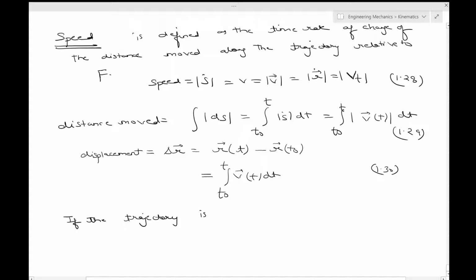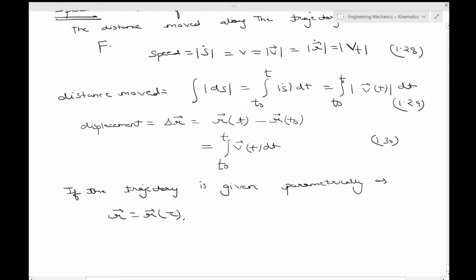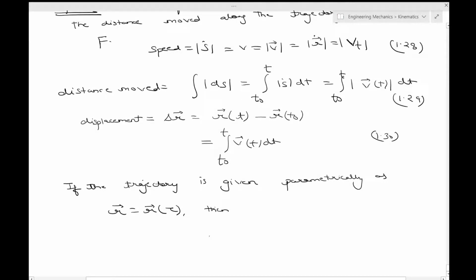If the trajectory is given parametrically as r is equal to r of tau, then Et will be clearly, Et was found to be dr by ds, and hence this would be true. This is according to equation 1.22.